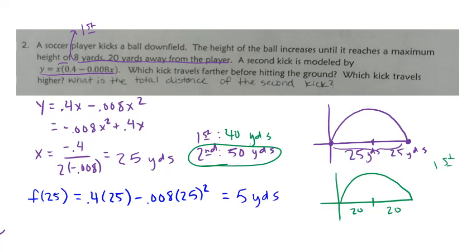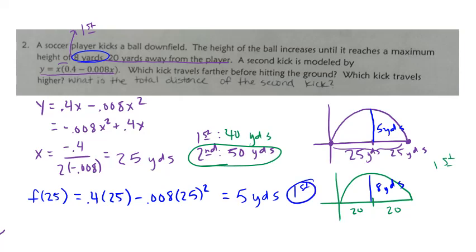So the height of the second kick is going to be 5 yards, but we read that the height of the first one was 8 yards. So the one that's going to have the higher kick is going to be the second. No, I'm sorry, it's going to be the first one in this case. Okay, so that's the answer to question 2.